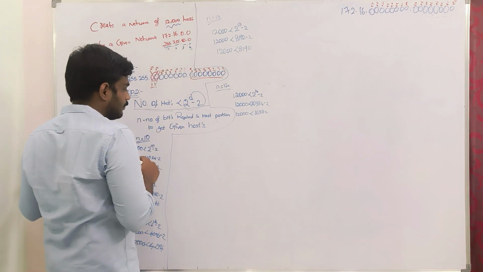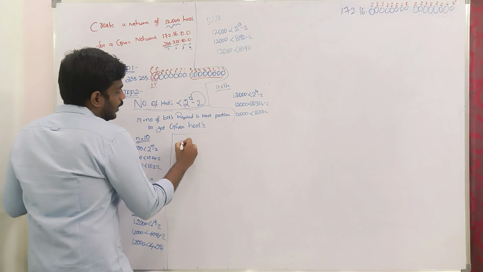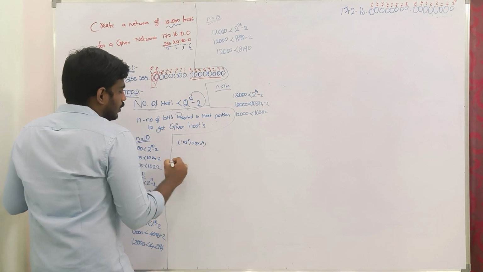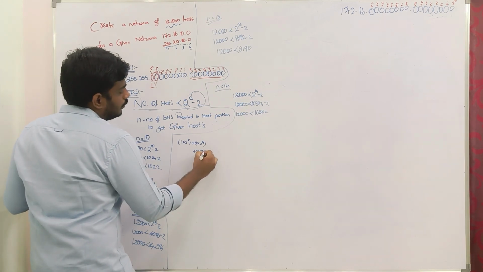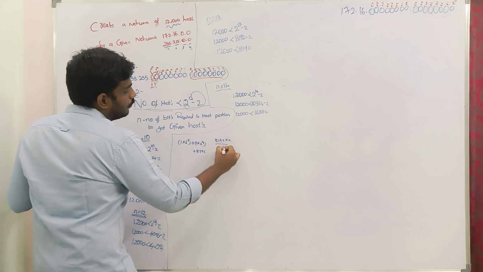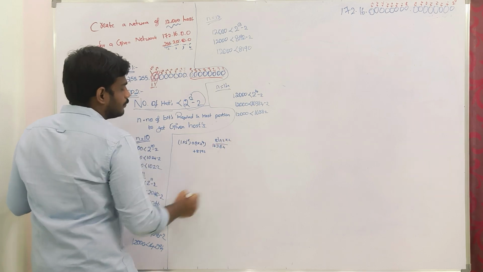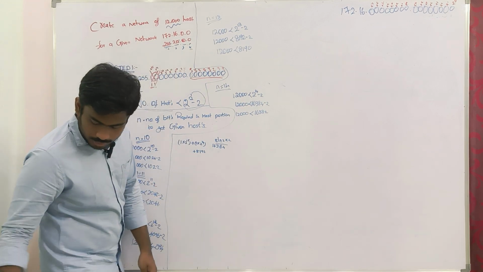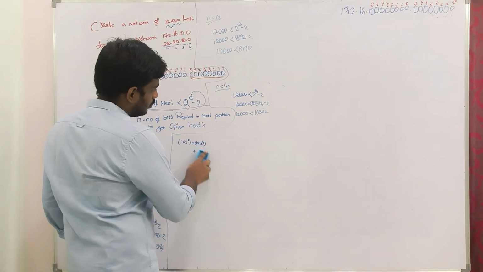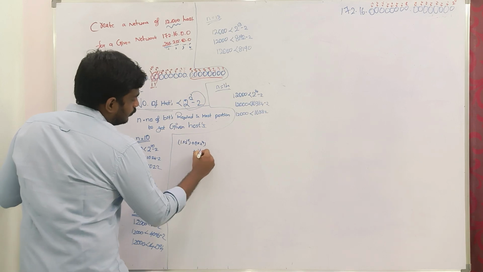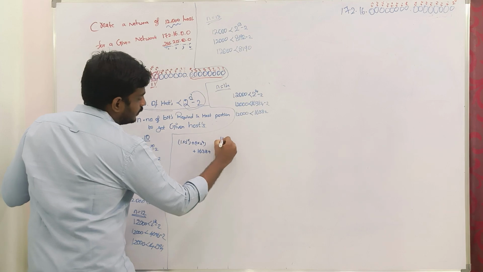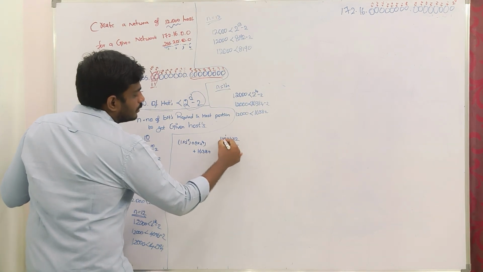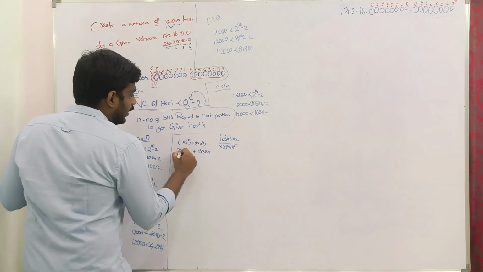If I write 1 into 2 power 15 plus 1 into 2 power 14. 2 power 14 we all know is 16,384. Sorry, I was wrong. 16,384 cross 2 is 32768.